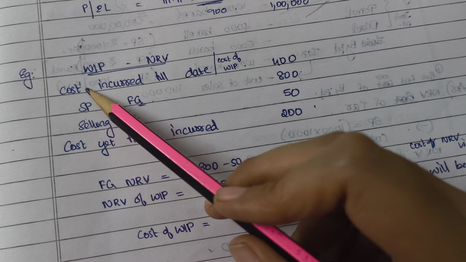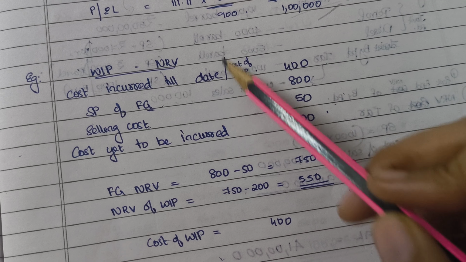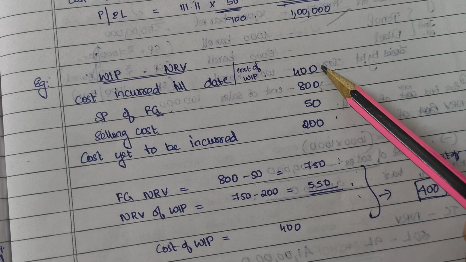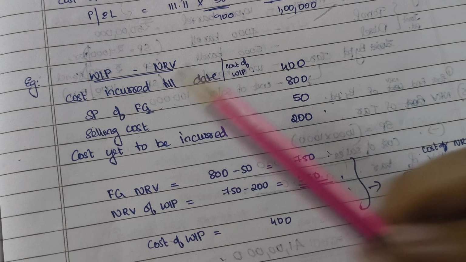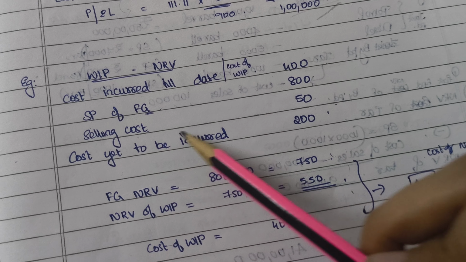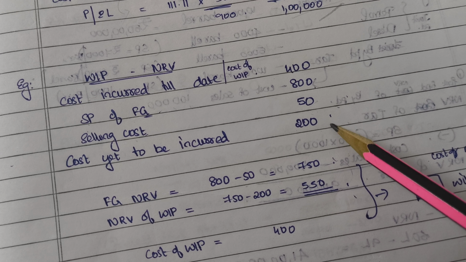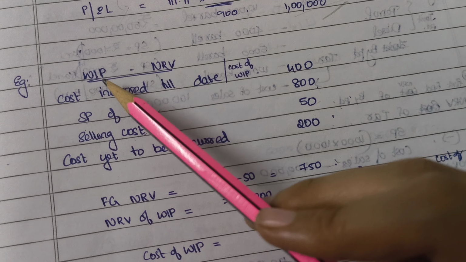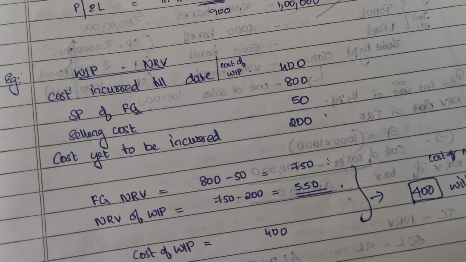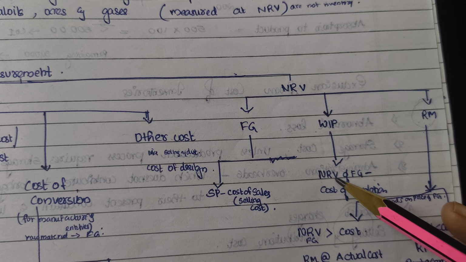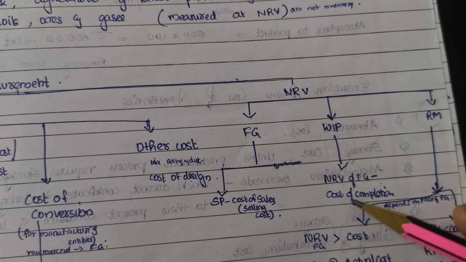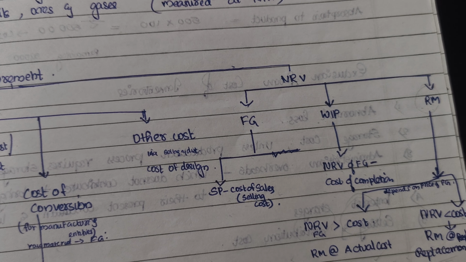So here is the question. Cost incurred till date, that is cost of work in process, is 400 and selling price of finished goods is given as 800. Selling cost is 50 and cost yet to be incurred is 200. So how will we find the NRV of work in process? We have seen in the last lecture that NRV of work in process is NRV of finished goods minus cost of completion, right?